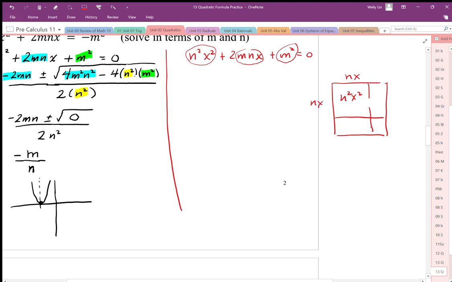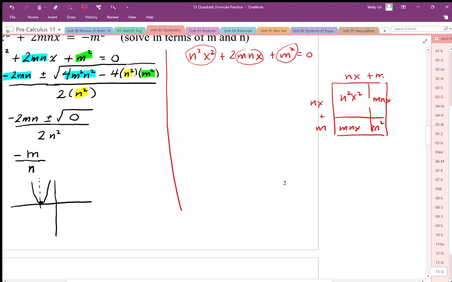To get the m squared down here, I need a plus m. And this term is mnx, there's my two m and nx's.